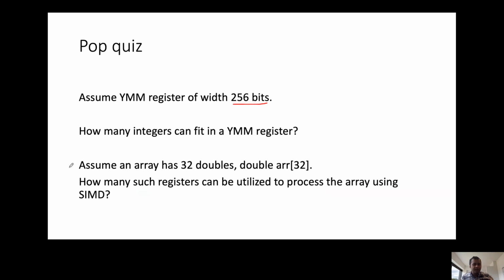And the second part is, assume an array has 32 doubles. How many such YMM registers can be utilized to process the array using SIMD? So that's the second question. Let's think about this problem.